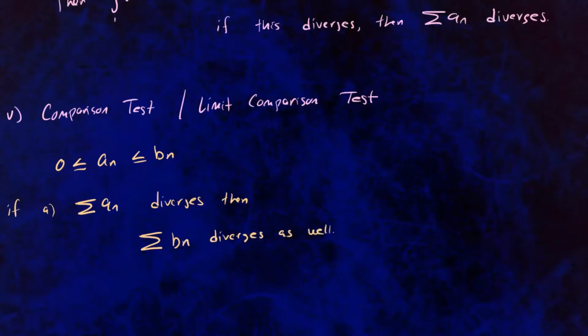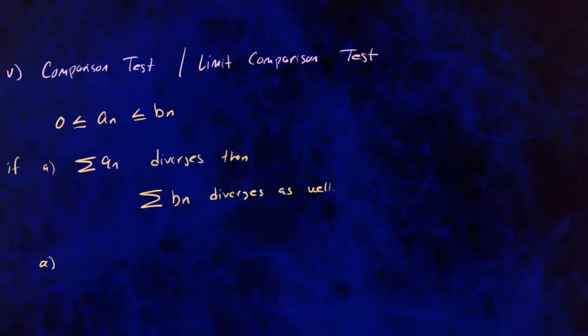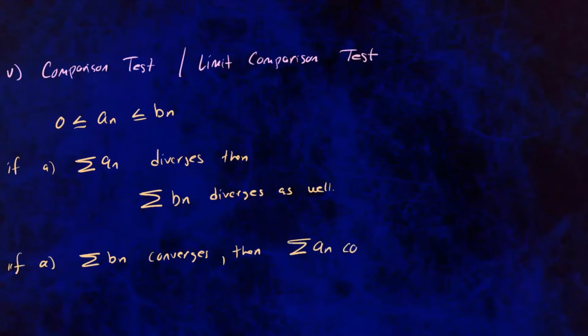Now, if you switch the order, let's say the second condition, if now the sum b_n, which lies above a_n, converges, then whatever lies below will converge. So then the series a_n converges as well. So that's how you apply the comparison test.